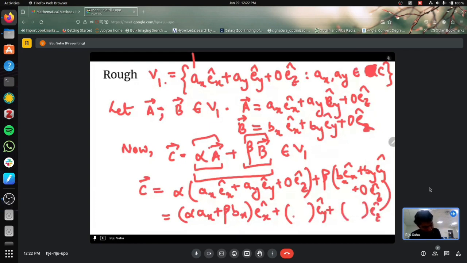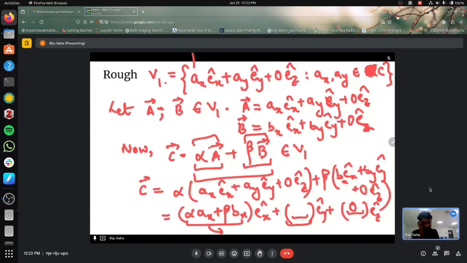So some prefactors would be there, but what we see is that since ax and bx were complex and the alphas were scalars, we can conclude that the individual components are also scalar, but the z-th component is 0 again, because anything multiplied with 0 is 0. So this is non-zero complex, this is non-zero complex, but the third component is again 0.